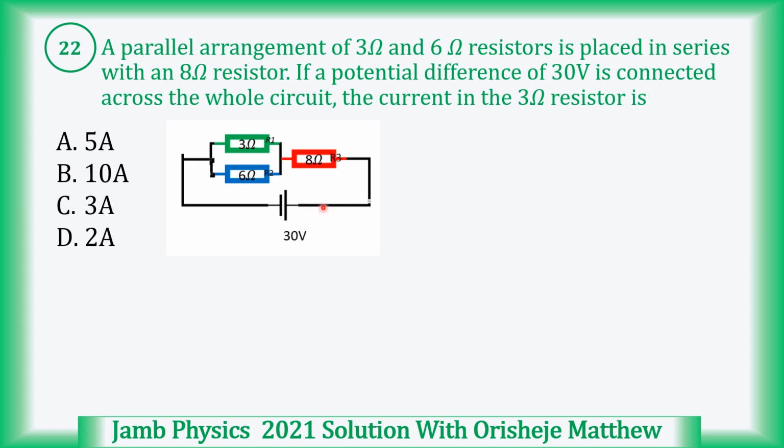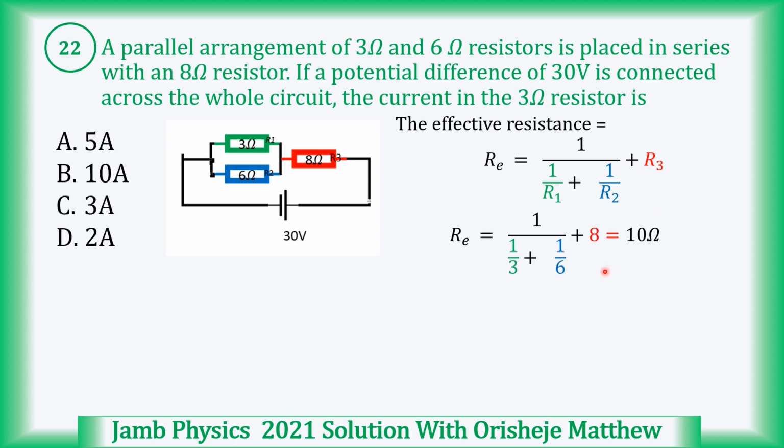So let's look at the combined resistance. We have 1 over the reciprocal of resistor 1 and resistor 2, then combine it in series with resistor 3, which is 8 ohm. If you do that, the combined resistance is 10 ohm. So what is the current flowing there? V over the total resistance will give me 3 ampere. So the 3 ampere will now be split by this.